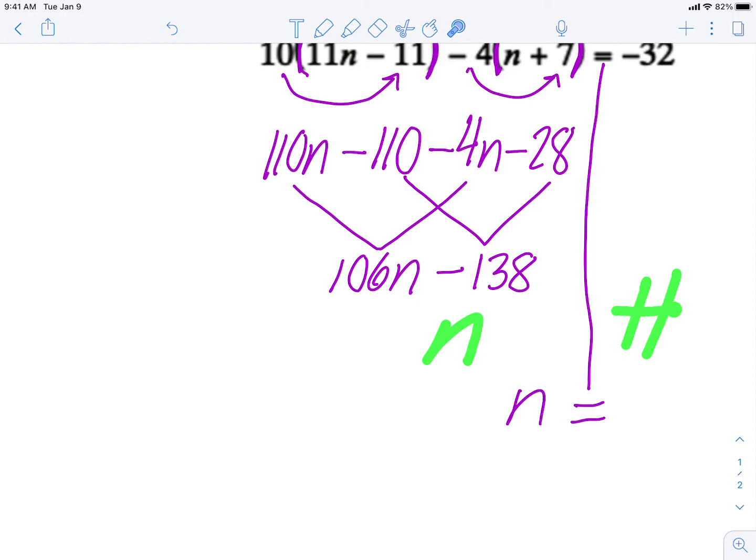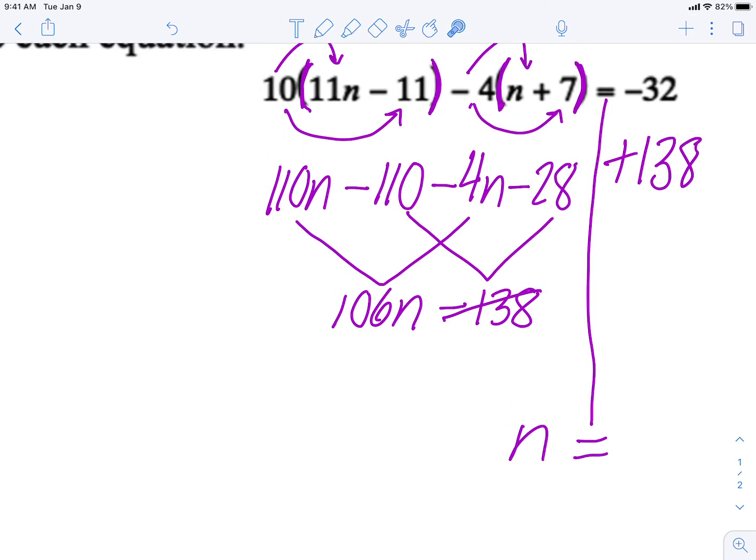And my numbers are going to be on the right side. Because I want them not on the same side, right? So I'm going to move negative 138 over to this side. And it's going to become positive 138. Just like that. And now, these two here, a negative 32 and a positive 138, are not the same signs.